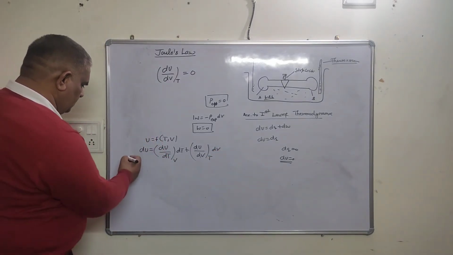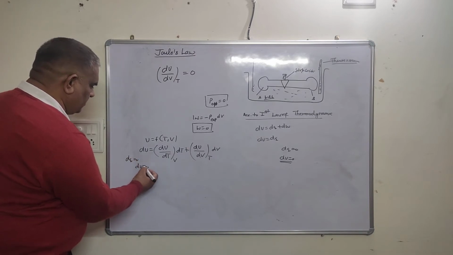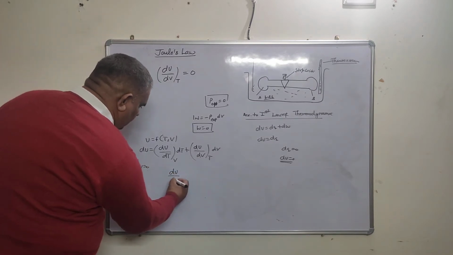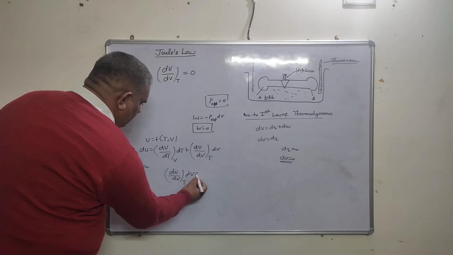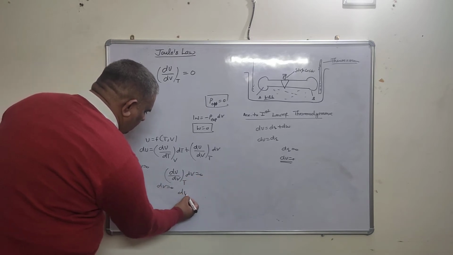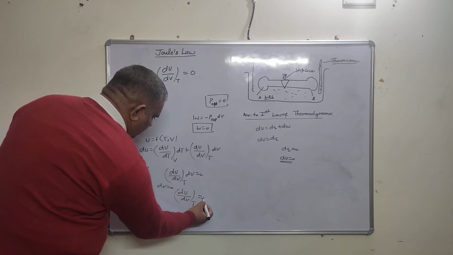When dq is zero, dU equals zero. So dU by dV at constant temperature times dV equals zero. The change in volume is not zero, so dU by dV at constant temperature equals zero.